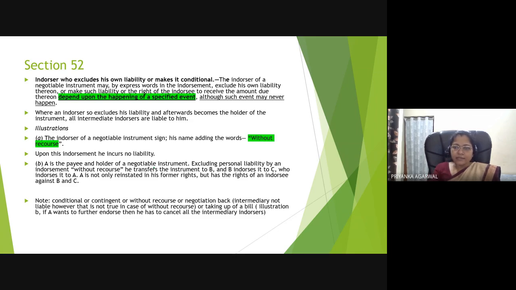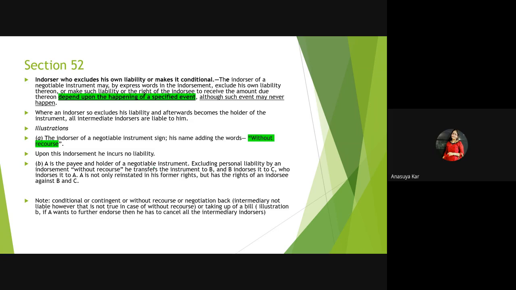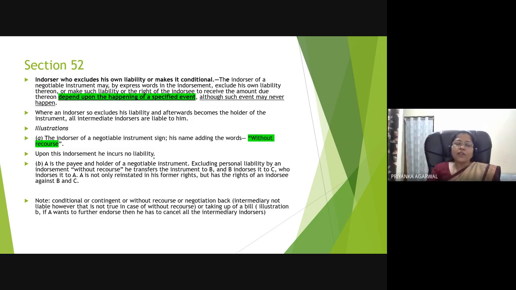Is it clear? Can you repeat it again? See, what is happening in this scenario? Suppose Mr. X, being the maker of the instrument, has given this instrument to Mr. A. A, being the payee, has endorsed this instrument without recourse to B, and B further endorses it to C. Now B, while endorsing it to C, has not chosen the right of without recourse, which means B owes that liability.